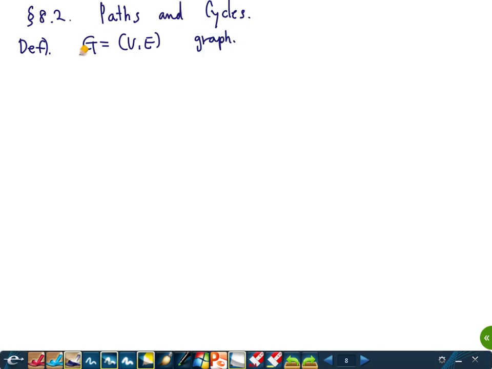What is a path? U and V are vertices, which means U and V are vertices of G. A path from U to V, let's say W, doesn't matter, but from U to W.